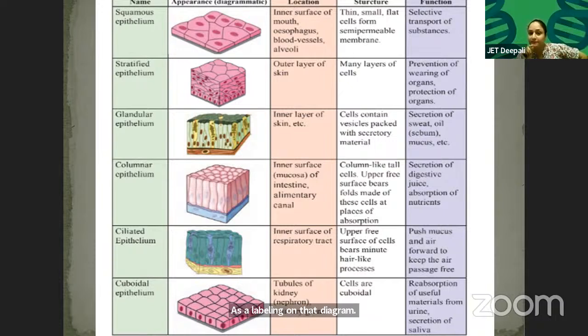That helped me memorize things easily, so you should practice that exercise. Draw the diagram, label it, and along with labeling, write why the nucleus is present here, why sparse cytoplasm is here, why cuboidal shape, why this is not stratified, why there are no blood vessels. Write every important thing: they do not have blood vessels, they get nourishment from the underlying connective tissues. Start writing in that manner.